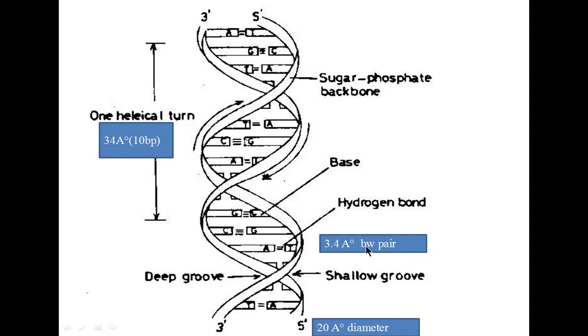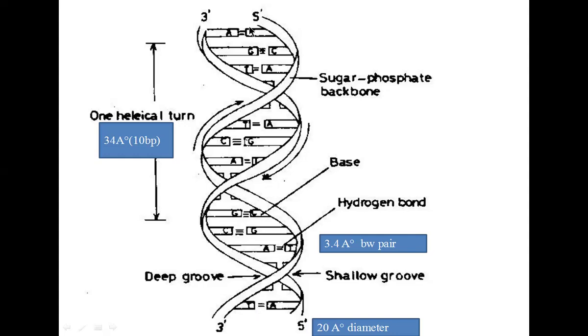Okay, this is all about the Watson and Crick DNA model. What you need to keep in mind about the double helix: two long strands with a sugar-phosphate backbone. In the peripheral region you can see the sugar-phosphate backbone, which is hydrophilic in nature.